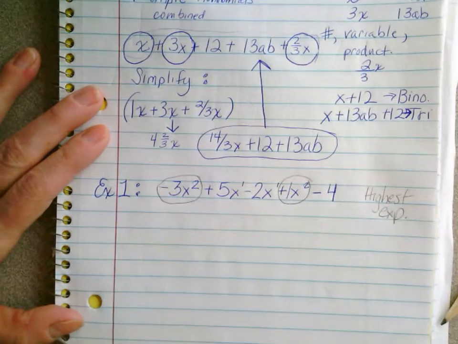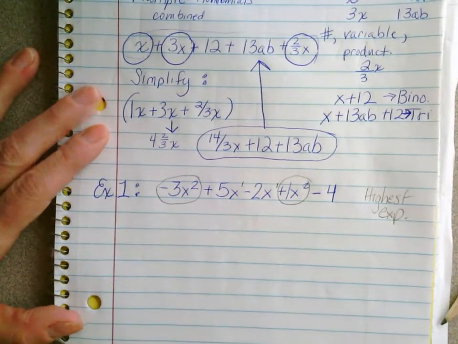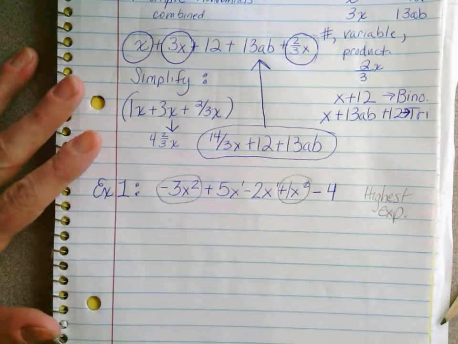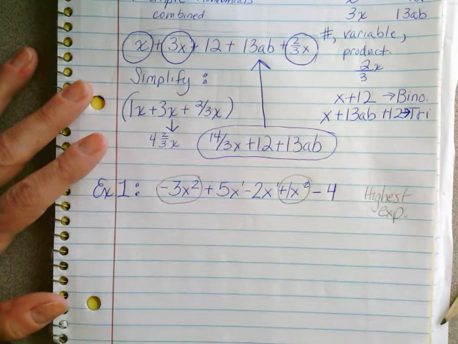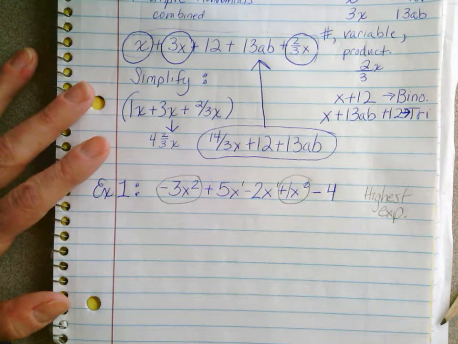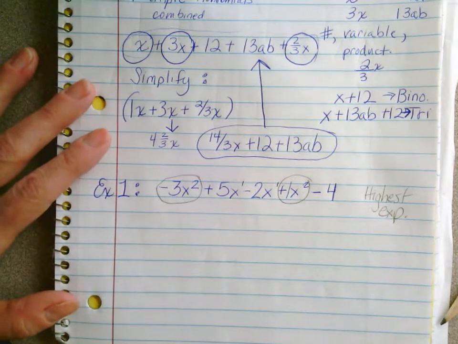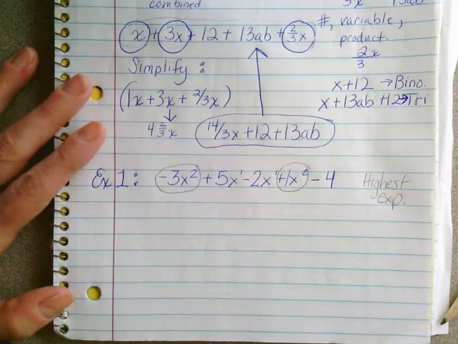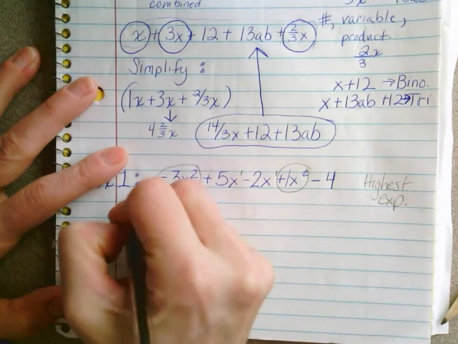Would you agree? So we are going to combine the 3 negative with the 1 positive. 3 negative, 1 positive. So how many x squareds does that leave us? Negative 2x squared is right.